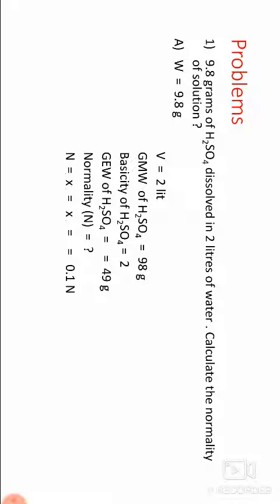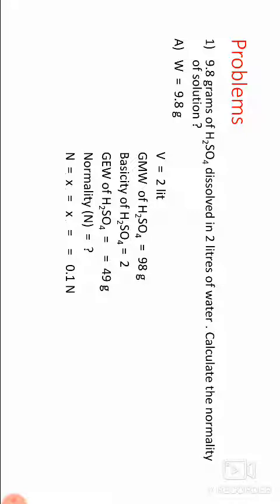For example, hydrochloric acid divides into H plus and Cl minus. It displaces one hydrogen, so for hydrochloric acid the molecular weight 36.5 divided by 1 equals 36.5.